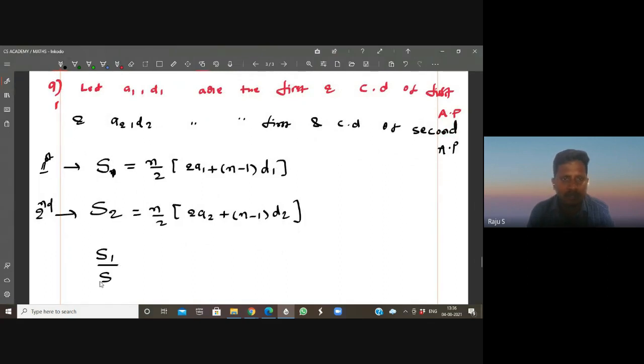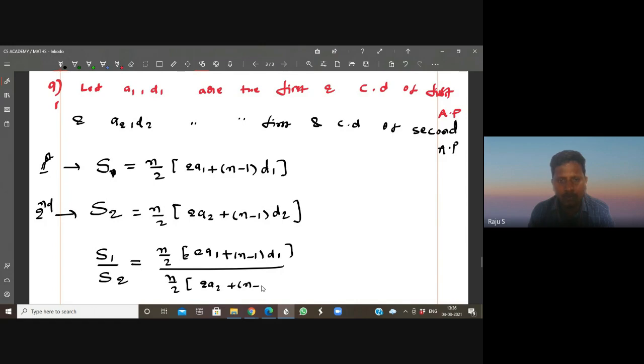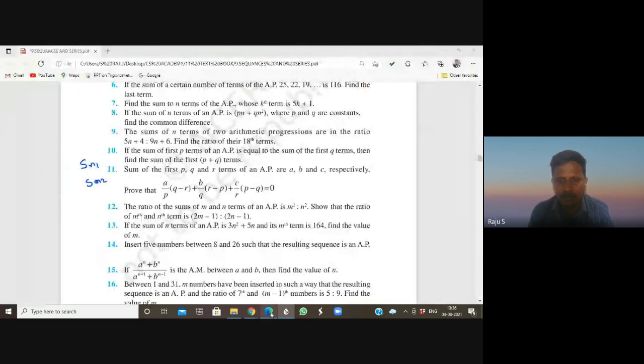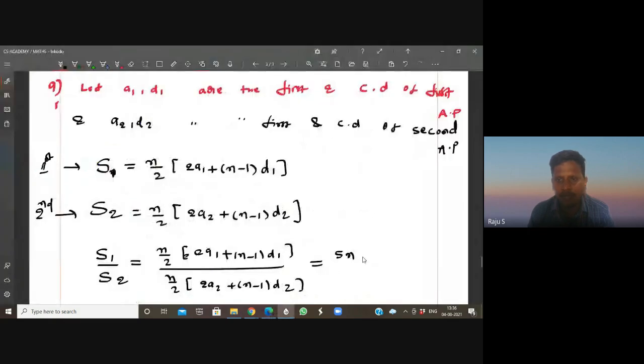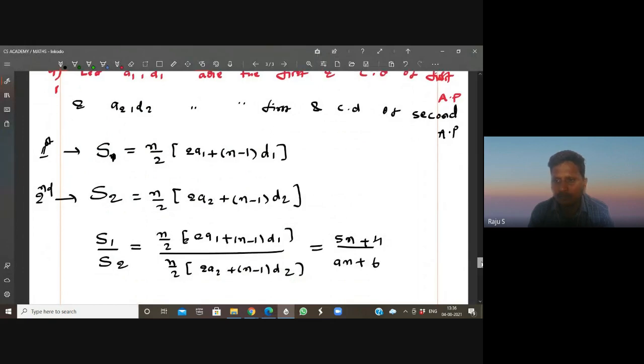S1 by S2, the ratio they have already given: n by 2 of 2A1 plus n minus 1 into D1, all divided by n by 2 of 2A2 plus n minus 1 into D2, is equal to 5n plus 4 by 9n plus 6. Clear, students?